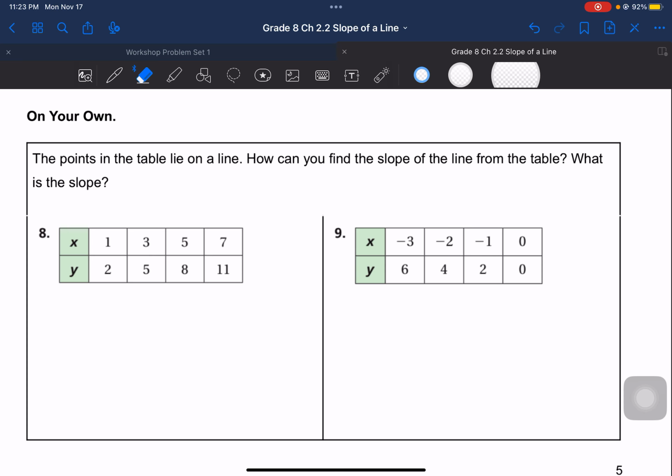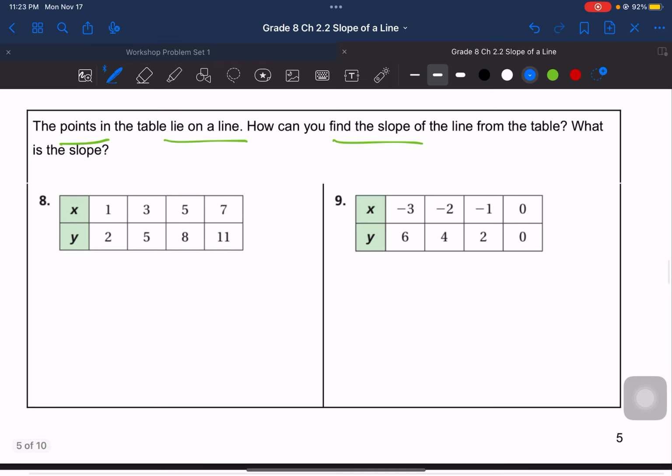So it says, the points in the table lie on a line. How can you find the slope of the line from the table, and what is a slope? So we can pick any 2 points. For example, I want to pick the first point and the third point. So my slope would be rise over run, which is change in y.